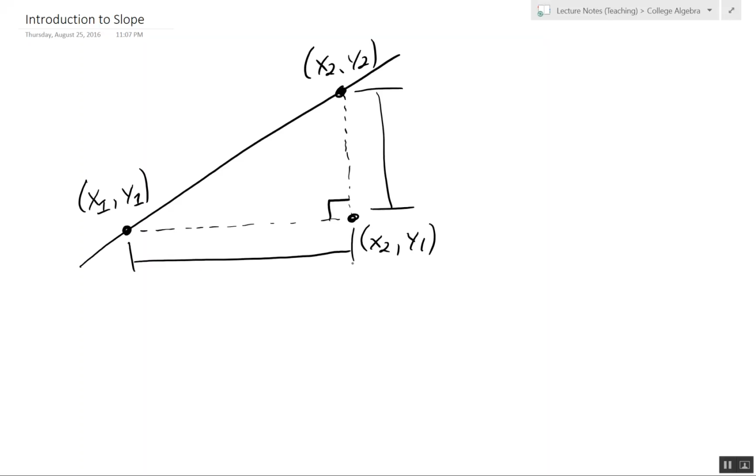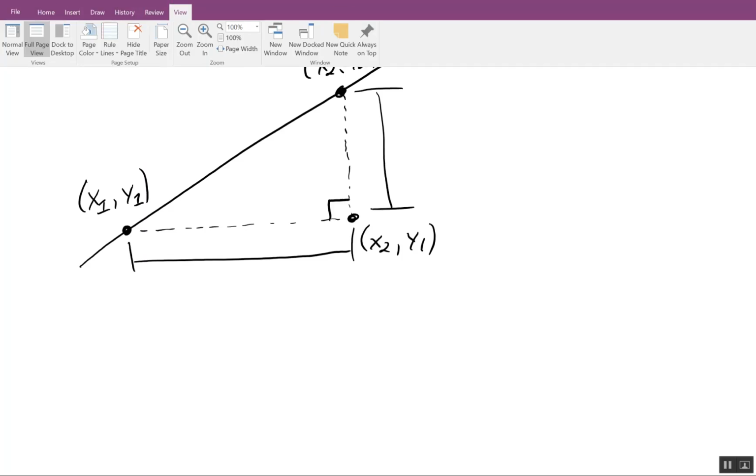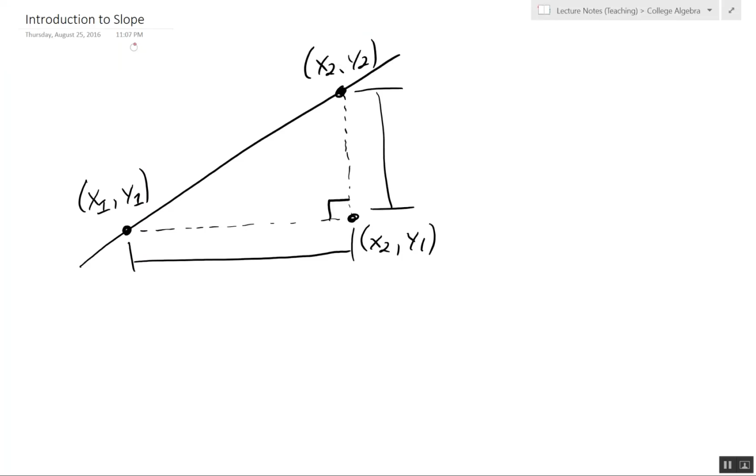Notice for this one here, the x coordinates are the same, so this distance is given by y2 minus y1. Normally we put distance in absolute value, but we actually want to know whether we're increasing or decreasing, so we're going to leave the absolute value off in this case.